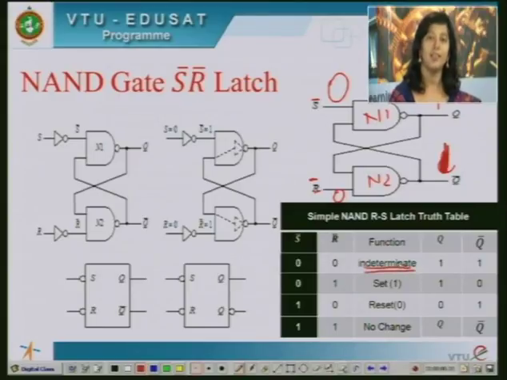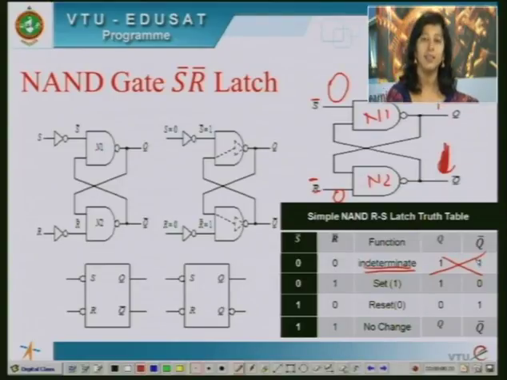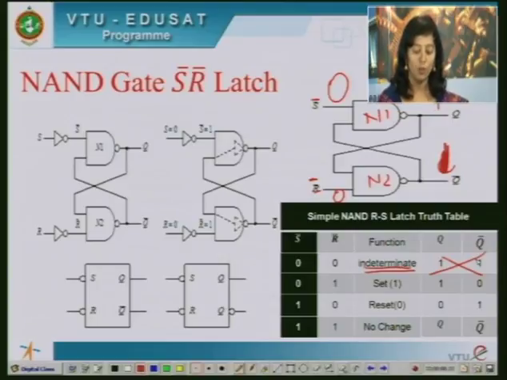This state is not allowed for an S bar R bar latch. You can see it in the truth table: Q and Q bar both remain high. This is a not allowed state and should not be used. So, both inputs being 0 is not permitted.